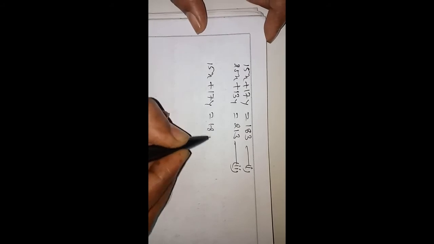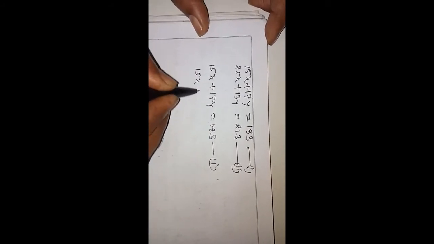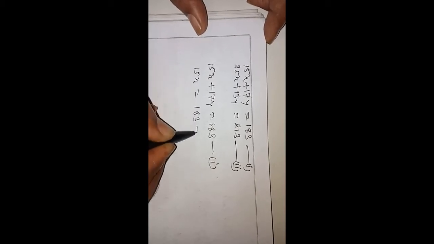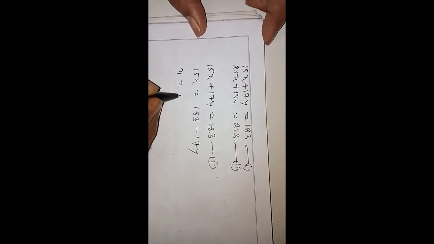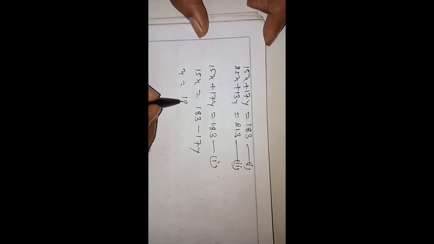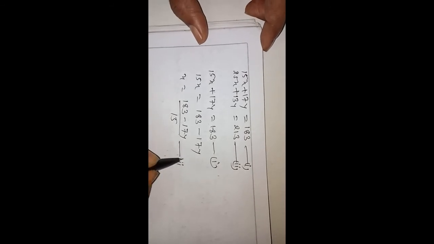15x plus 17y is equal to 183. This is equation first. 15x equal to 183 minus 17y. So x is equal to 183 minus 17y upon 15. This is equation third.